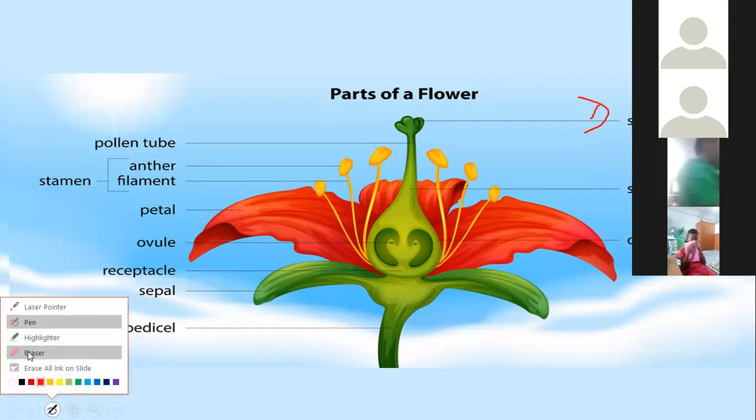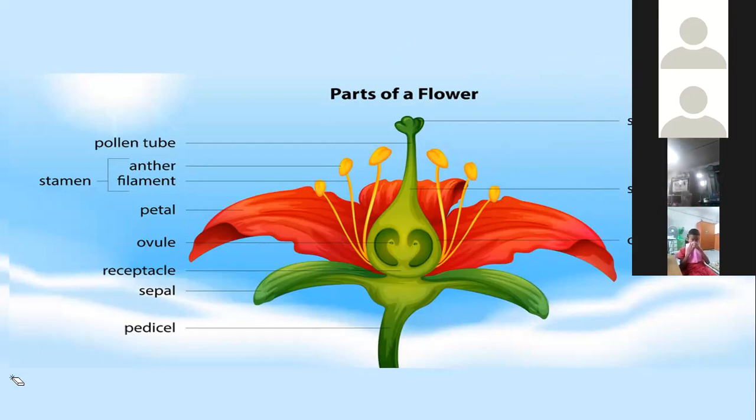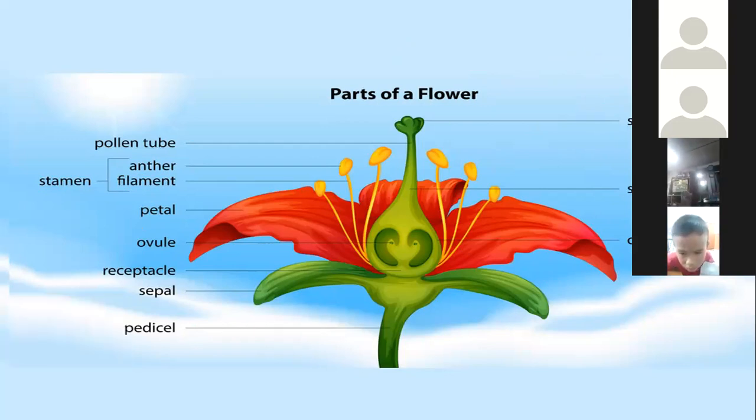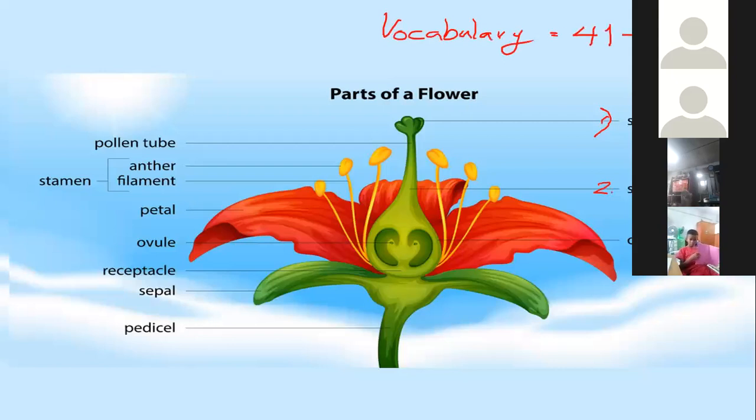Can you write it down now? Stigma. This is your vocabulary number 1. Number 2 is vocabulary 41 to 51, because this one is 11. Everybody right?